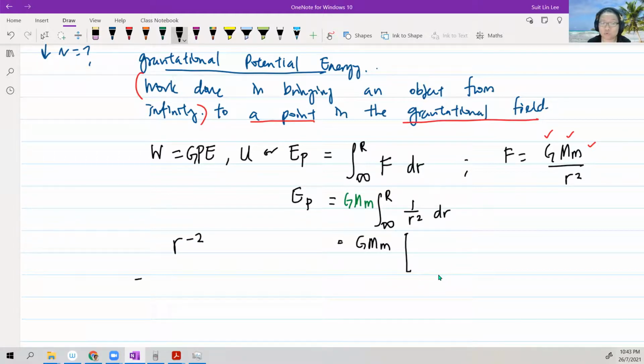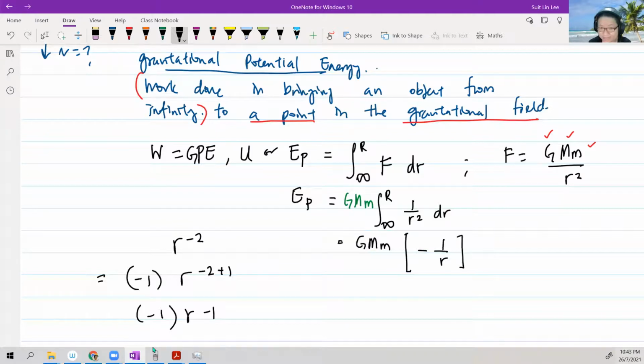The negative 2 becomes negative 2 plus 1, and then this one is R to the negative 1. Then be sure to multiply by negative 1 in front. So it's negative 1 over R.